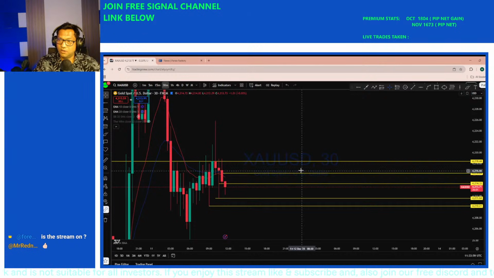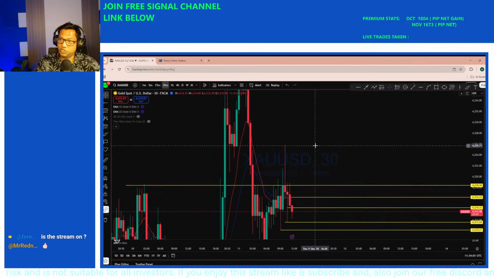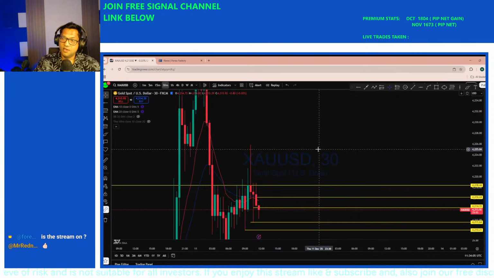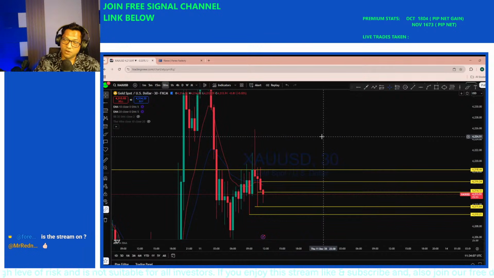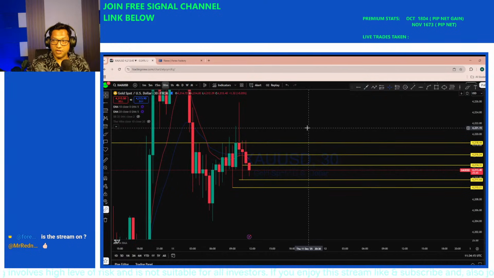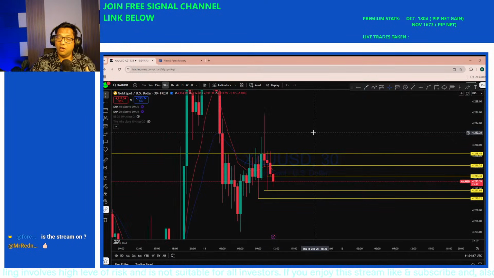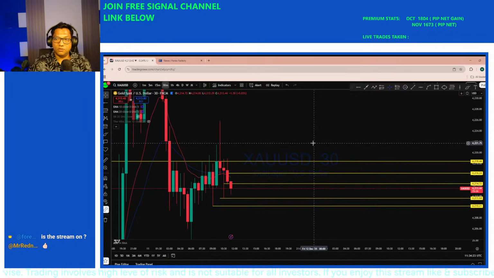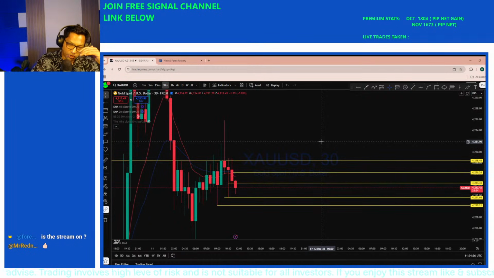And that's the basis of this entry, because when the market crosses the key level, especially in a falling market, or in a rising market, once the market breaks the key level and then creates a false breakout, there is a very high chance of the market to reverse. And that's the basis of reversal.